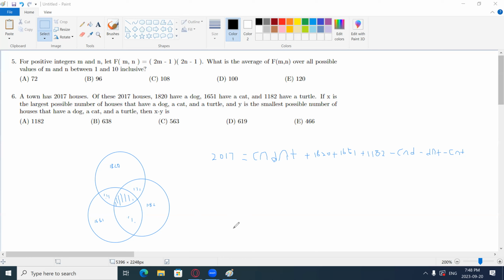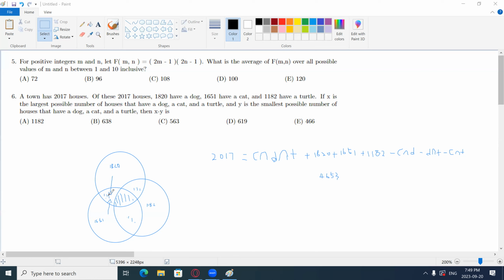In fact, let's see how it will turn out. So this number will be 4,653. And since we're actually counting them twice, because when we're counting 1,820 and 1,651, we're counting the area here once when counting the dogs and once when counting the cats.